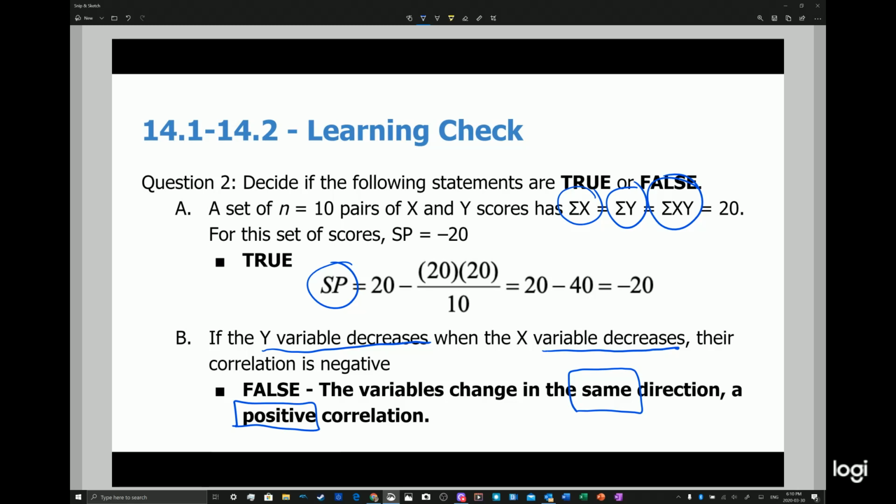So again, the uphill downhill applies to the scatter plot. So remember, in the axes, if it's an uphill, both variables are changing in the same direction. Again, if they're decreasing in the same direction, it's still the same slope. You're just looking at it going the other way.